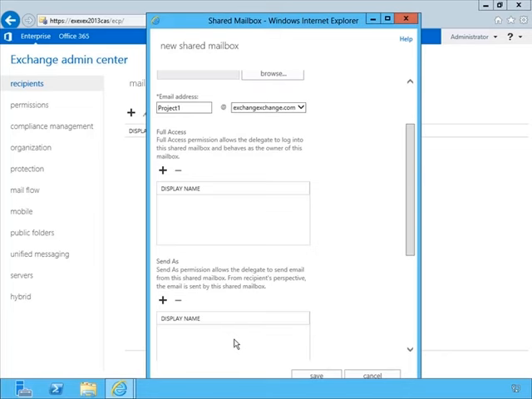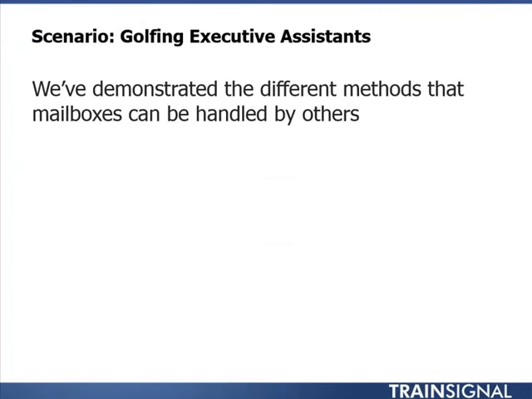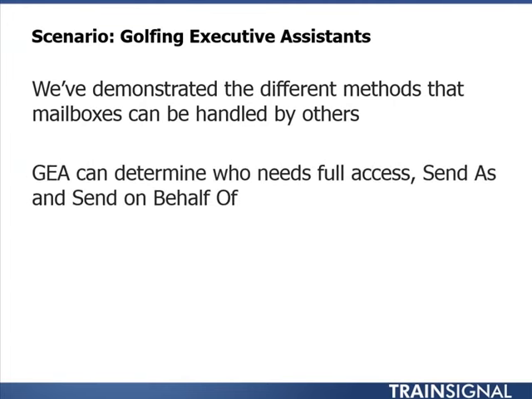Alright, so that pretty much finishes up the discussion here. Let's jump back over to our slides, let's recap our scenario, and then we'll discuss some additional research resources for you to take a look at when you have some time later on. From a scenario perspective, we've demonstrated the different methods that mailboxes can be handled in terms of permissions by others. GIA can determine who needs full access, send as, and send on behalf of permissions.